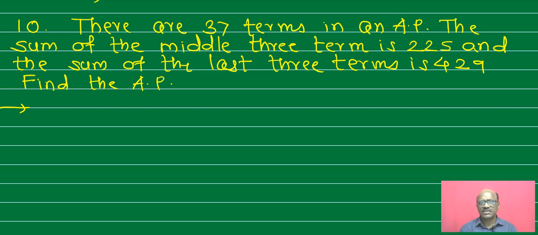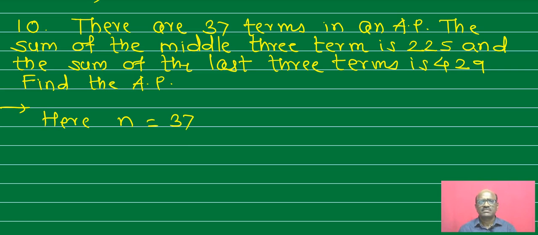There are 37 terms in the AP. What is the middle term? Here n is equal to 37.